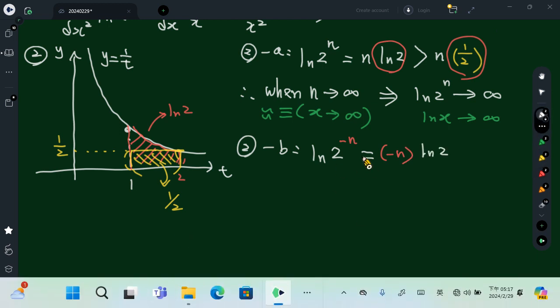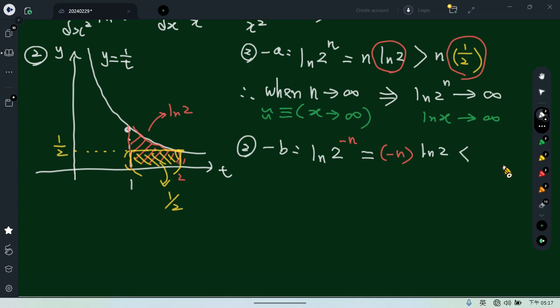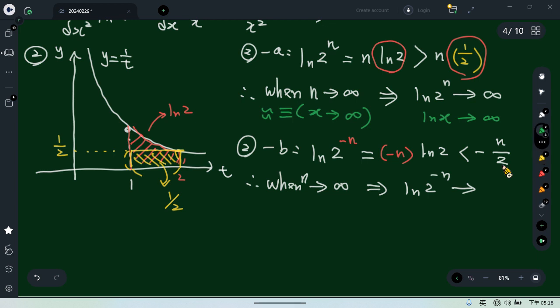I follow the previous rule: because it's the power, we can move it from here to here, right? Then the result will be less than minus n/2. So when n is increasing to infinity, we can get that ln of 2 to the power of minus n will also go to negative infinity.